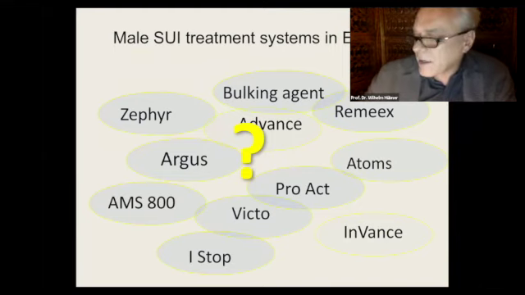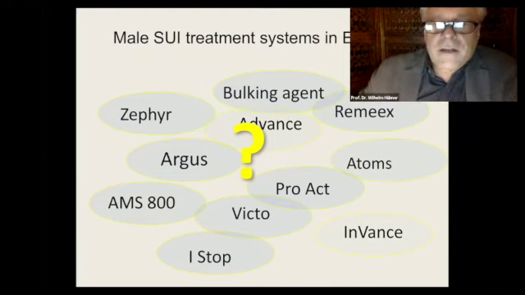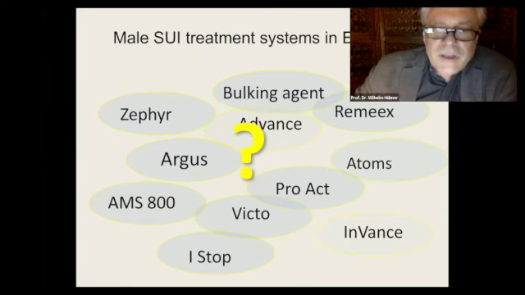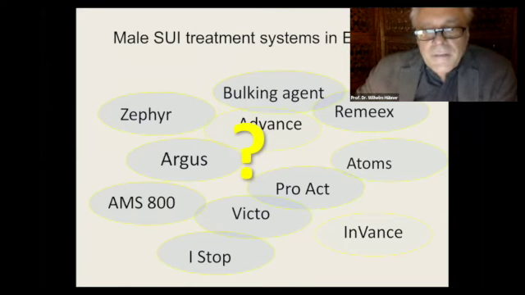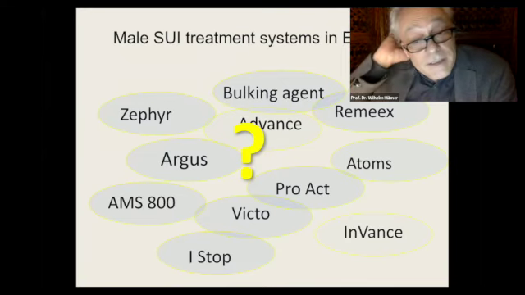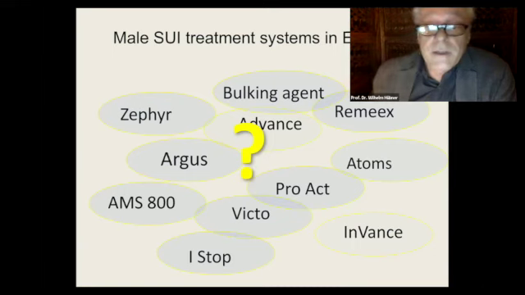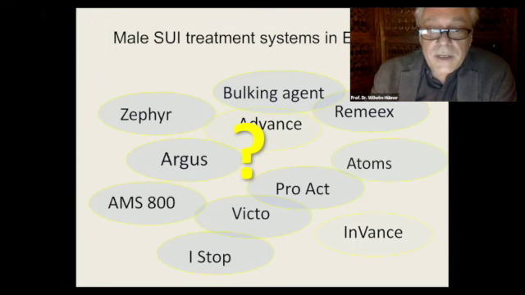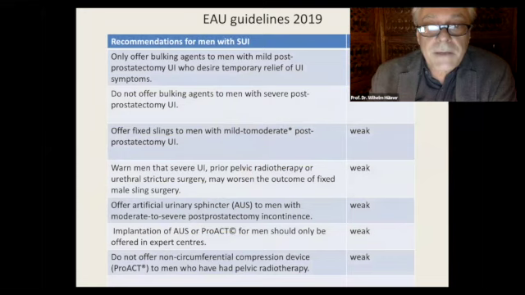We had bulking agents and an artificial sphincter, which was a little bit of an adventure to implant in the old days, and the bulking agents didn't really work. Now we have a ton of different implants, and it might be a little difficult to find out what to use. It became much more complex, but we can better work for our patients with these implants.